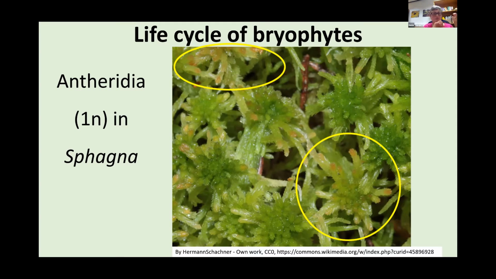Now, in certain species of Sphagnum, and especially in certain sections, the antheridial leaves are bright red. And again, it's quite a good diagnostic feature sometimes, because there will be species that have very red antheridial leaves and species that don't. So sometimes it's all helping to contribute to the identification of a species.